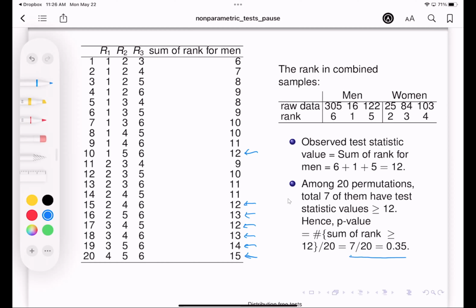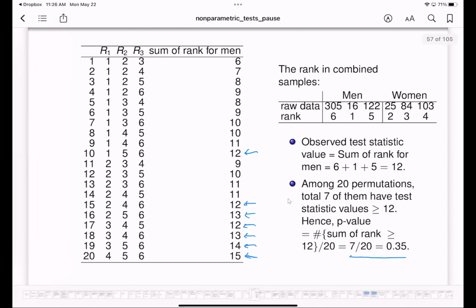That is 35%. There's a 35% chance that the sum of ranks for men could be greater than or equal to 12 if the null hypothesis is correct. With 0.35 as the probability, this is not a very small chance, so it could happen simply by chance.